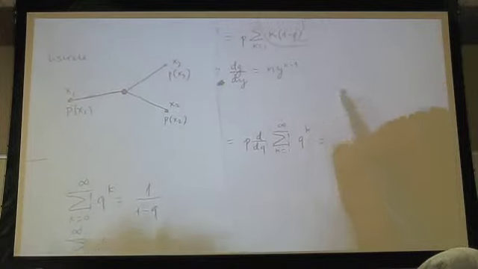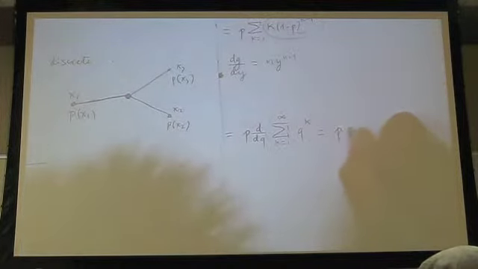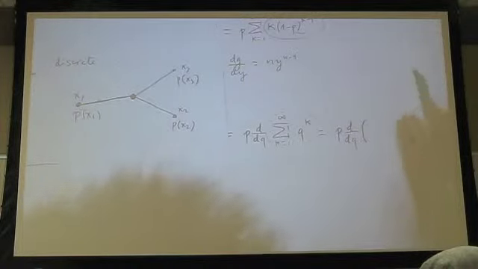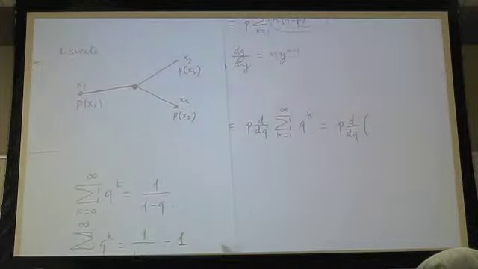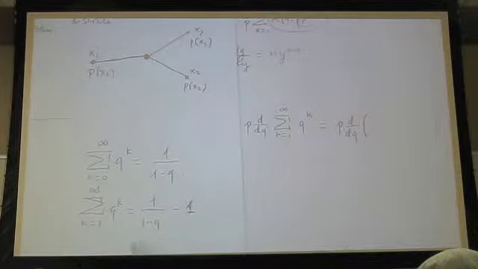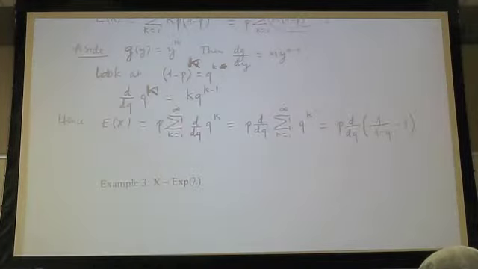So therefore, this thing is equal to p, and then the derivative with respect to q right here of what? Of the function that I just found out right here, namely 1 over 1 minus q minus 1. By the way, can we simplify that nasty looking thing? Oh, just leave it there. It's okay. Right? Are you with me on this?